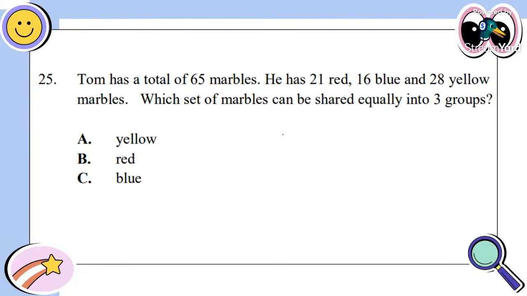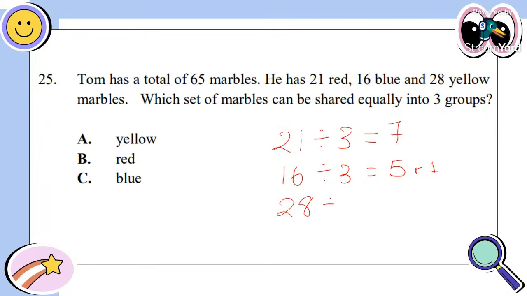So we first have to think about 21 divided by 3 because we're making 3 equal groups. 21 divided by 3 would be, put your answer in the chat. That would be equal to 7. Then we think of 16 divided by 3. That would be 5 with a remainder of 1. What about 28 divided by 3?